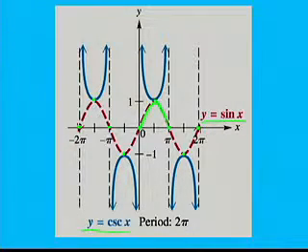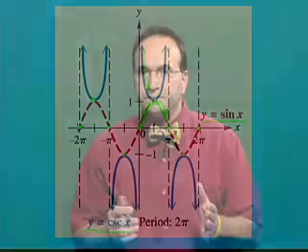And as the sine gets larger and larger, in other words, as it goes in this direction, we would see that the cosecant would have to get smaller and smaller. It's the reciprocal. And as the sine curve gets smaller and smaller, cosecant would have to get larger and larger. So therefore, we get a U-shaped curve for the cosecant. It has those vertical asymptotes and those key points of the reciprocal of 1. So that gives us the graph for cosecant.